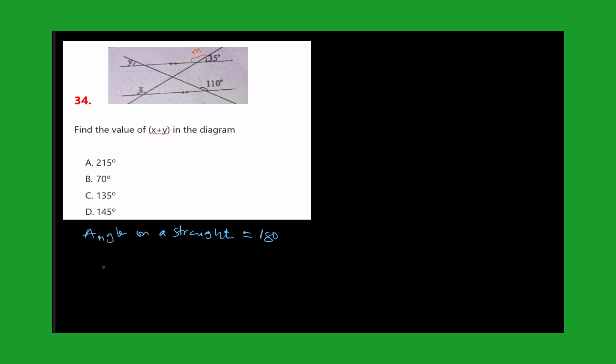So I can now say m plus 35 equals 180. Now m will be 180 minus 35, which is 145. So it means this place will be 145.